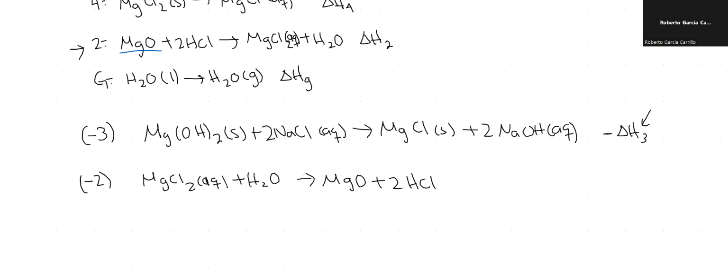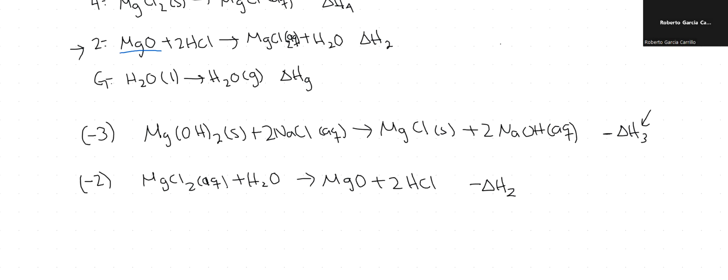And again, we flip the sign of the enthalpy for that reaction. And what we can do now is start checking for what we can cancel out.